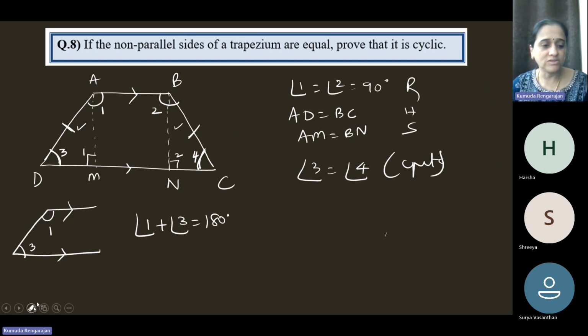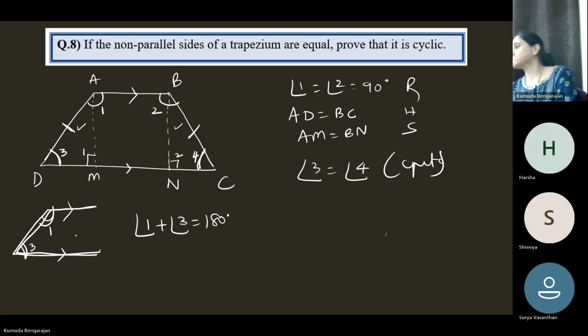And the other one should be the transversal. So see here, parallel line, transversal, parallel line. This angle and this angle, they are allied angles. Co-interior angles. They are supplementary. So angle 1 plus 3 is equal to 180 is correct.